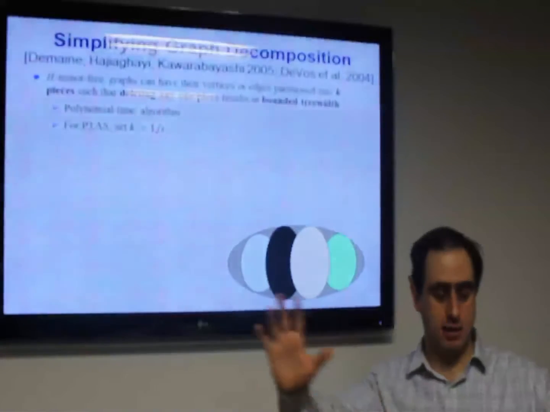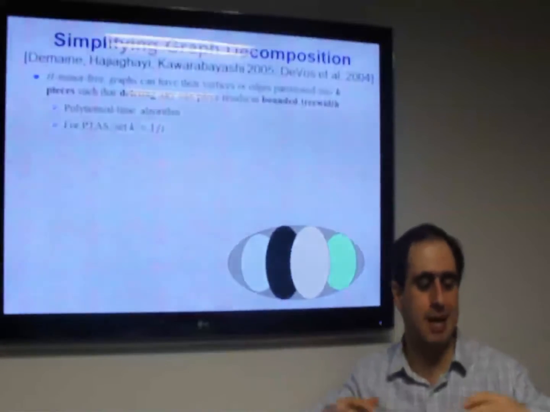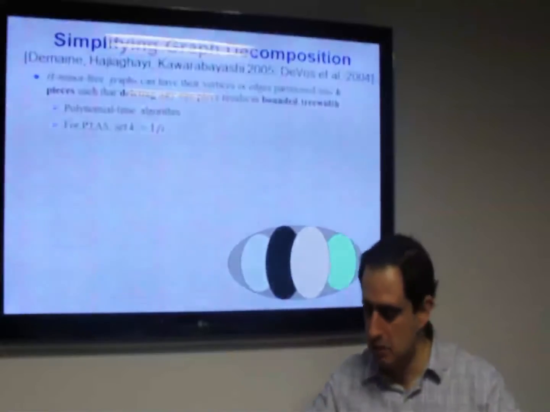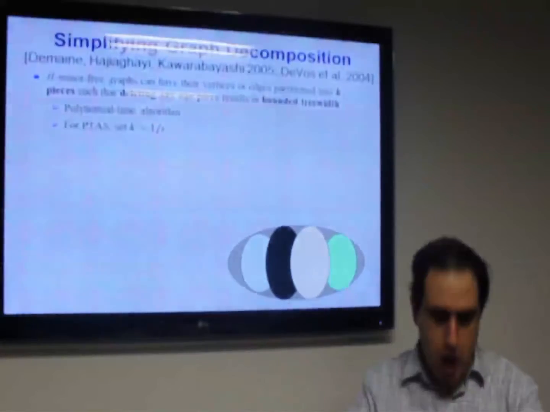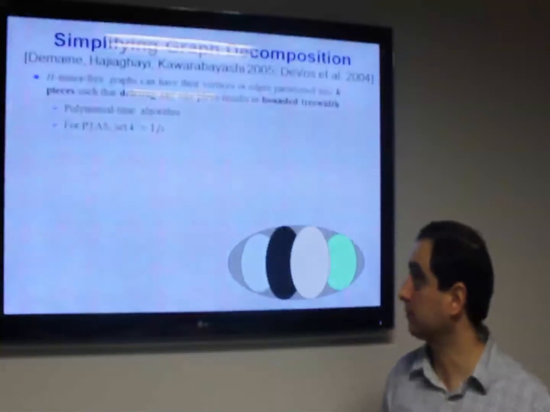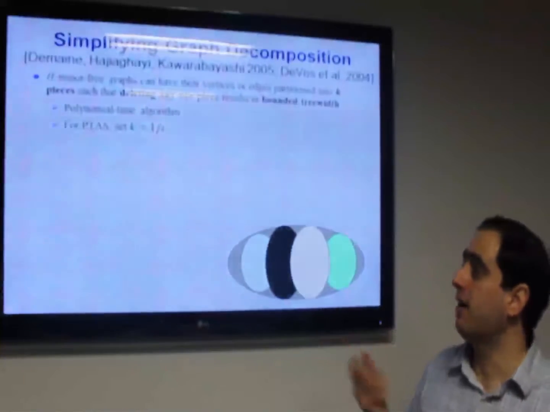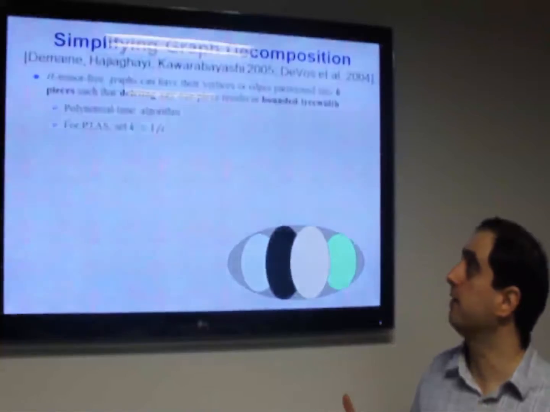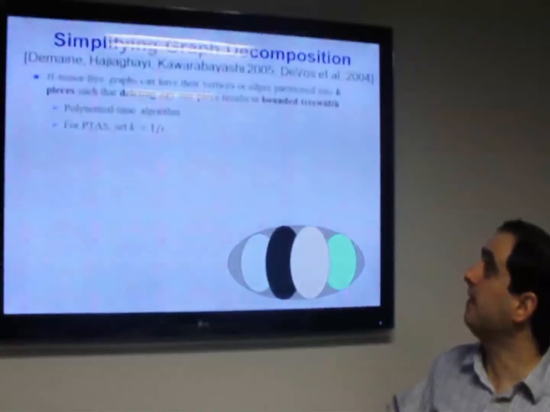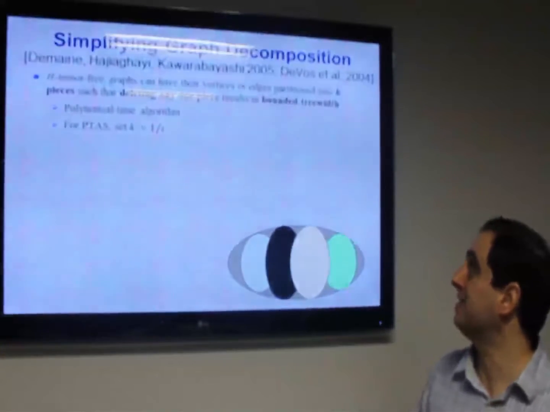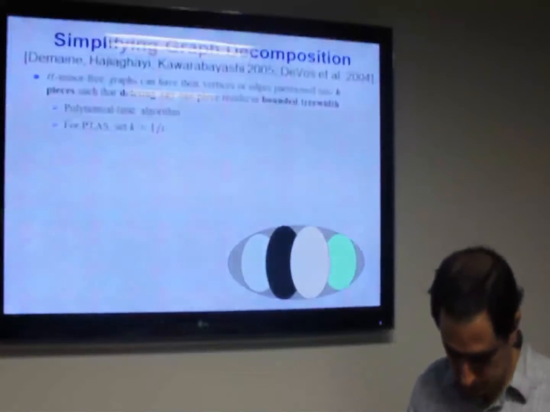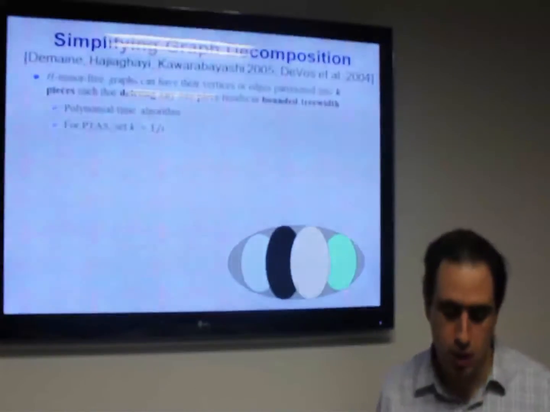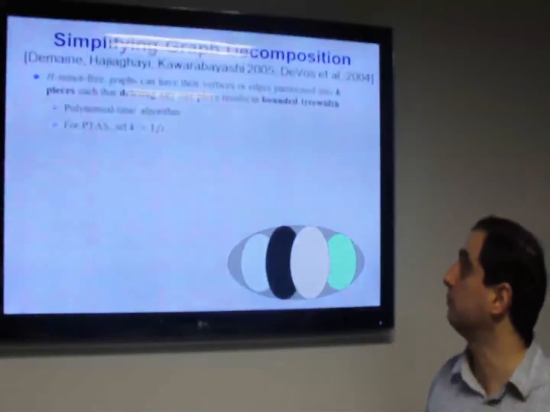Again, this is a very large class of graphs. It considers planar graphs, bounded genus graphs, lots of other classes of graphs. So for these large classes of graphs, the property is that any H-minor free graph can have its vertices or edges partitioned into k pieces. k is an input, for any k I can do this partition.